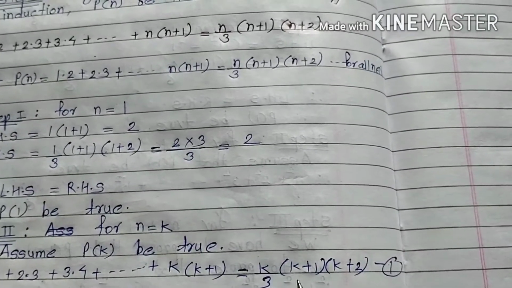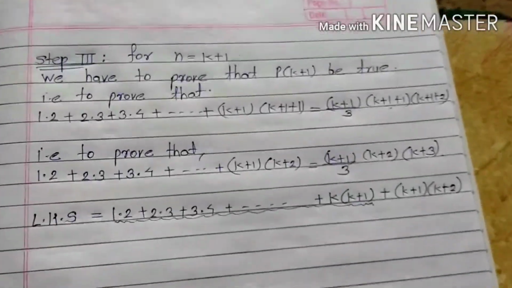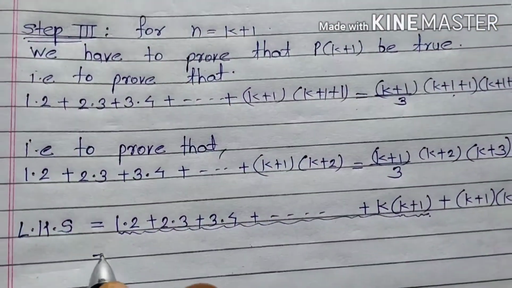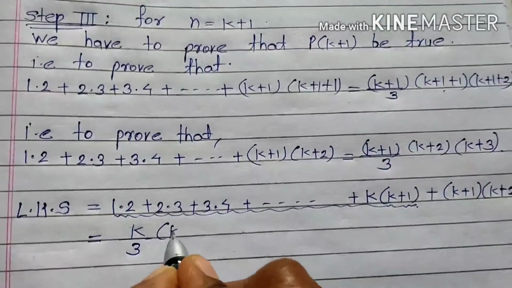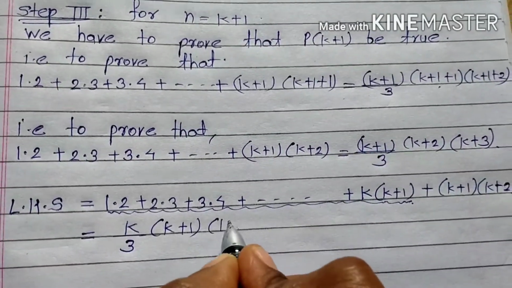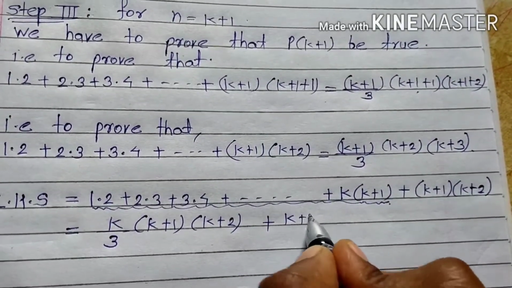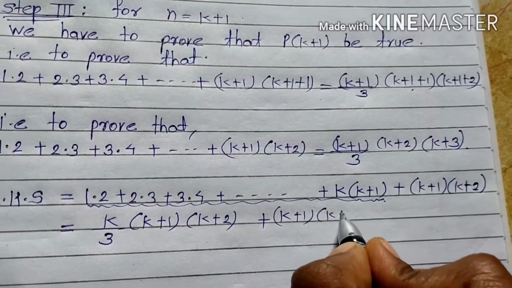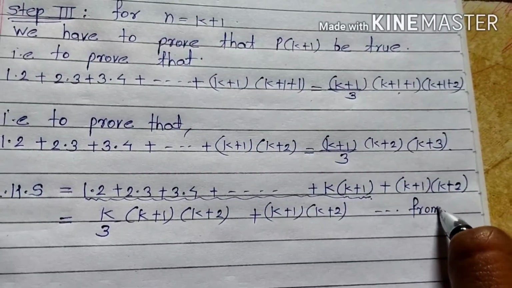K upon 3, K plus 1, K plus 2. So put this value in this equation, that is K upon 3, K plus 1, K plus 2, and remaining values K plus 1, K plus 2.